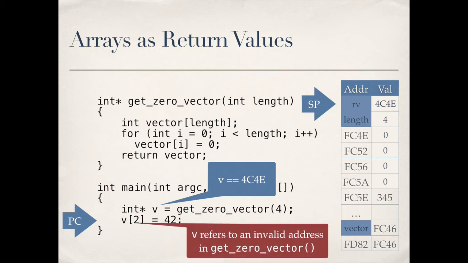Basically we could do that, but the address itself is not valid anymore, because it was local and made invalid after exiting this function.